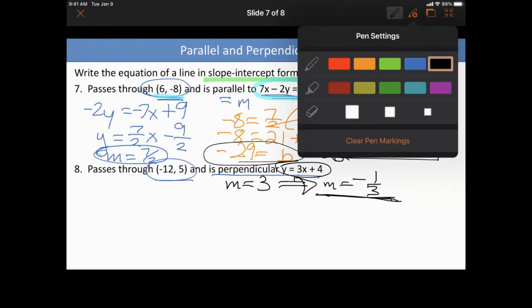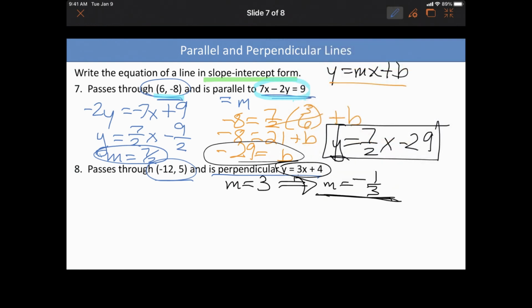So I'm going to take that, I'm going to substitute it in, to the slope-intercept form of the line. Okay, so -3 goes into -12 4 times, plus b, subtract 4. There we are.